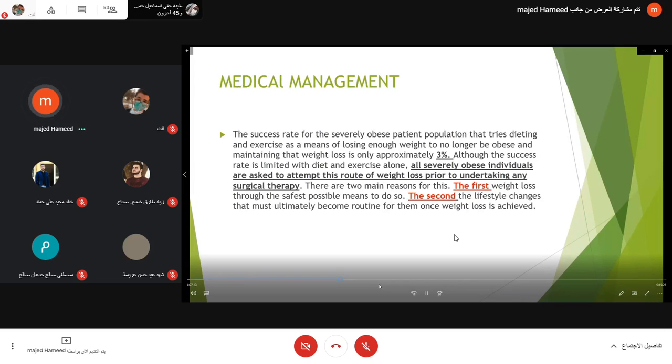Medical management. The success rate for the severely obese patient population that try dieting and exercise as a means for losing enough weight is about 3%. But all severely obese individuals are asked to attempt this route of weight loss prior to undertaking any surgical therapy.